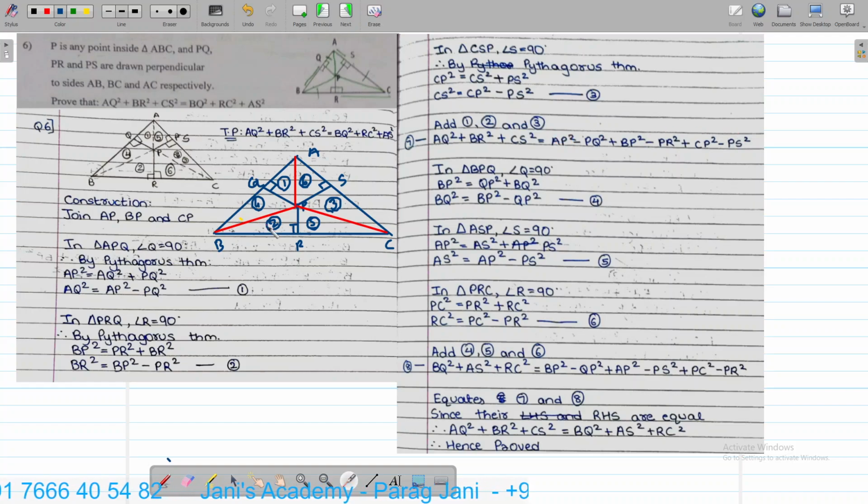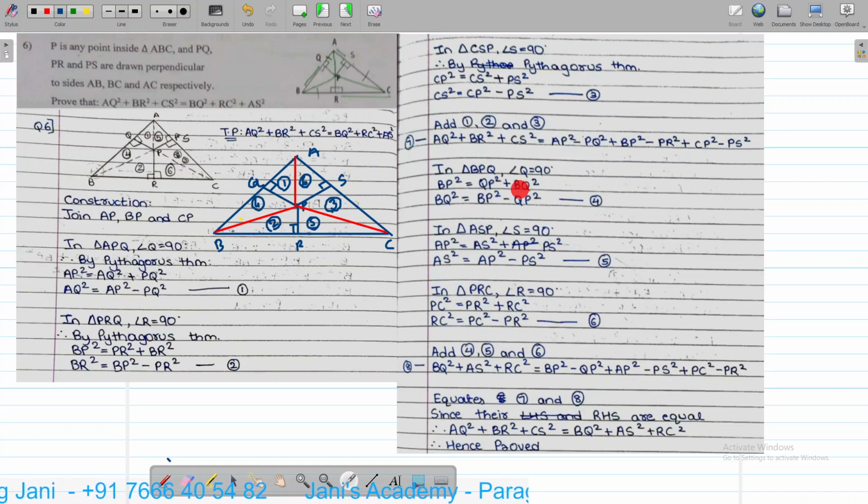Same way you have to consider triangles 4, 5 and 6, these three triangles. In triangle 4, BP square is equal to QP square plus BQ square.